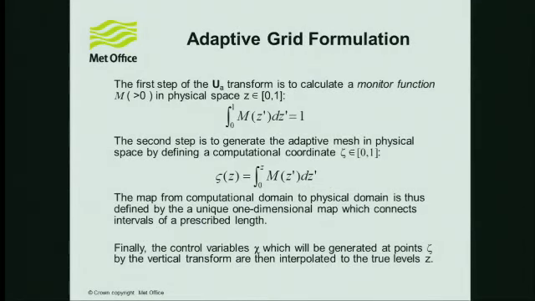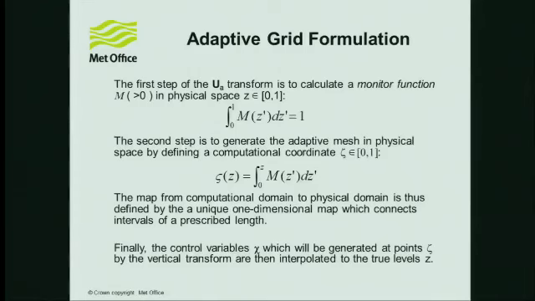So the formulation we have adopted, as I said, has this monitor function that I call M. The first step of this transformation is to calculate this monitor function in physical space, which has an integral equal to 1. The second step is to generate this adaptive mesh in physical space, which is defined in this way as the integral from 0 to x of the monitor function.